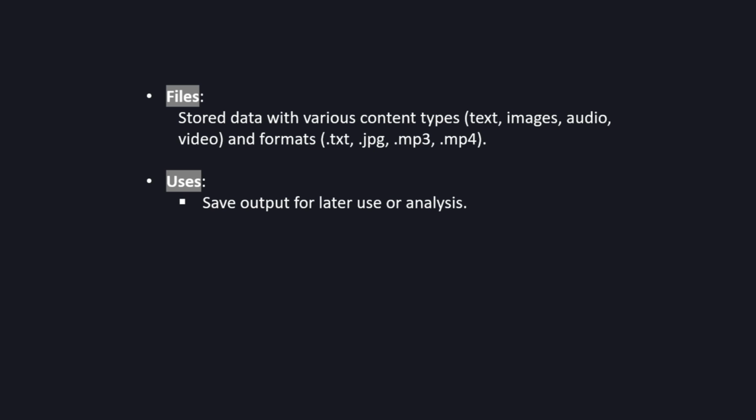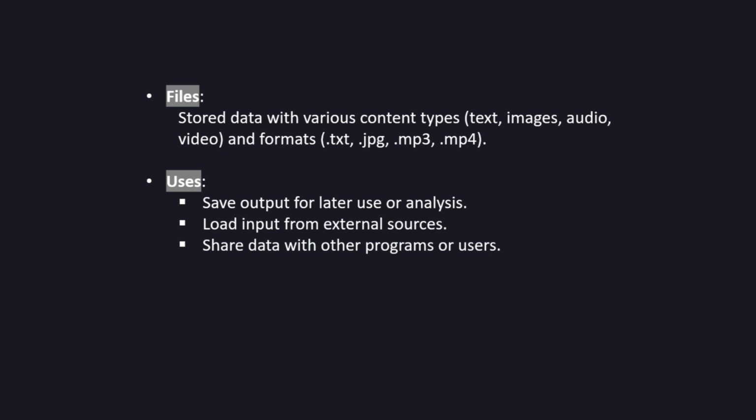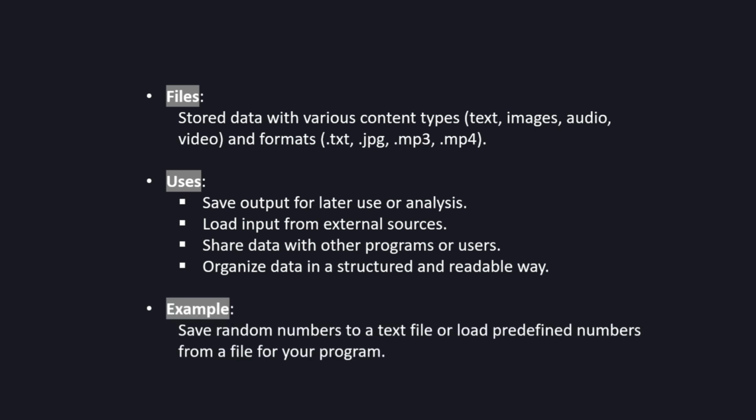You can use files to save the output of your code for later use or analysis, load the input of your code from an external source or file, share your data and information with other programs or users, and organize your data and information in a structured and readable way. For example, suppose you have a program that generates some random numbers and prints them on the screen.